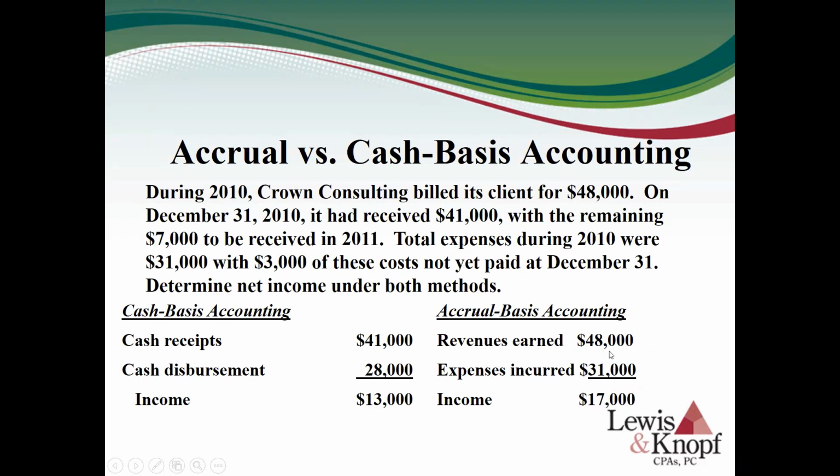So they will recognize all the 31,000. Unlike the cash basis, which said, for us, we will only recognize the ones that we have paid, which is 28,000. Accrual says that for us, all the expenses that we have incurred, we are recognizing here, because we have incurred those expenses.